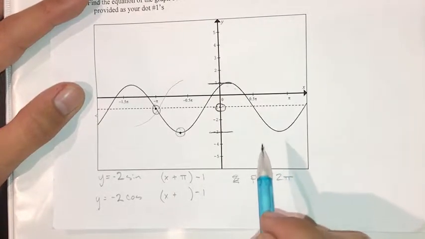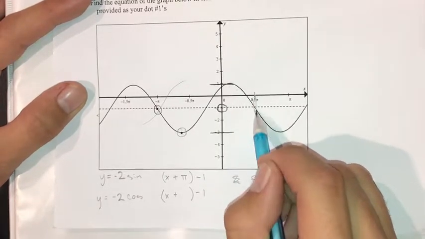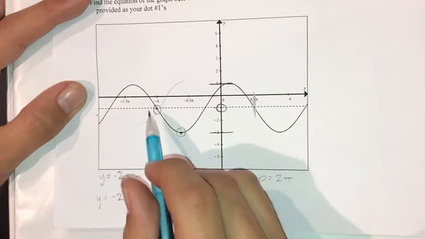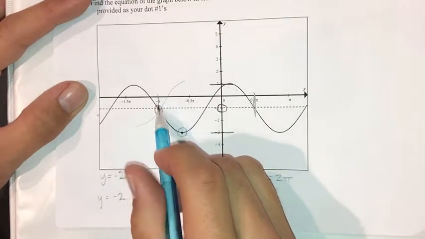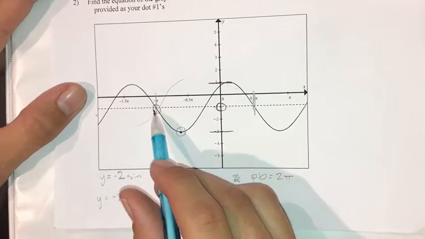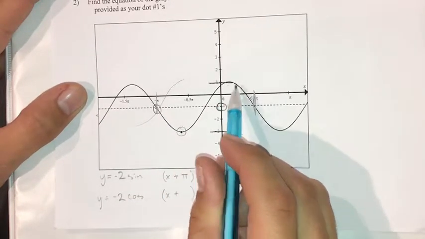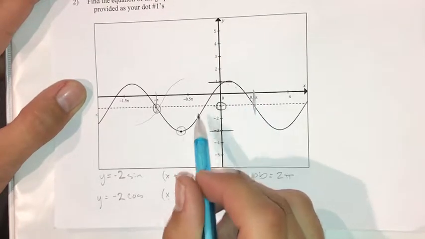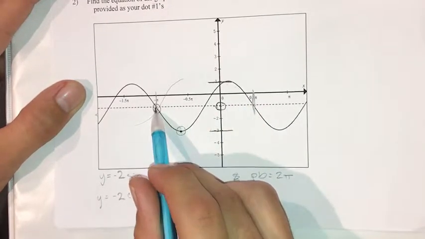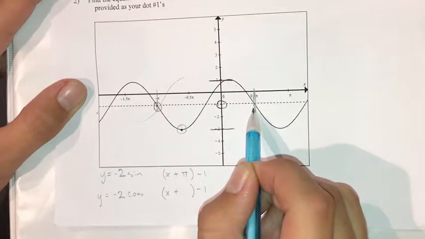So what we know right here is that this graph runs through 0.5 pi and all the way over to -pi. So we know that this is one period of the sine graph, since it goes all the way down to the bottom, all the way up to the top, and ends in the middle again.